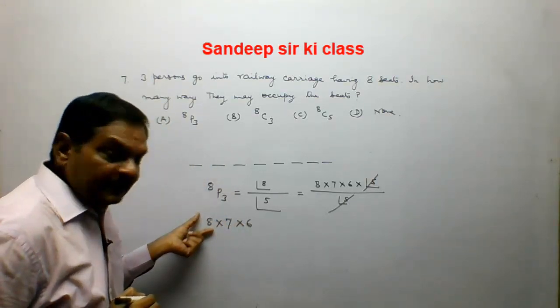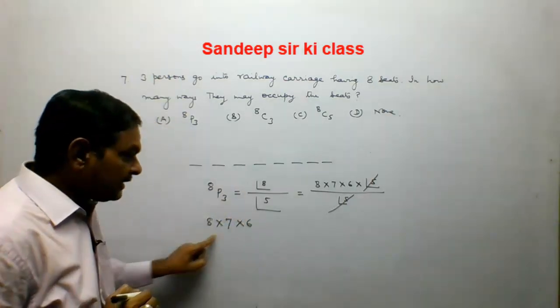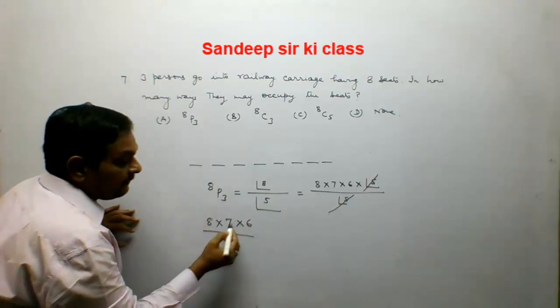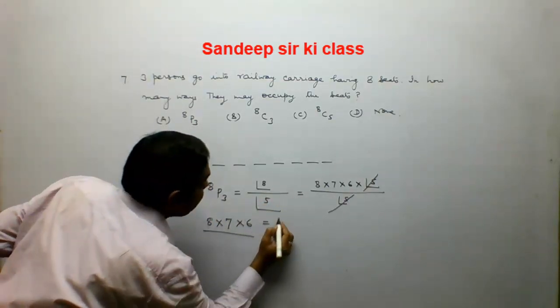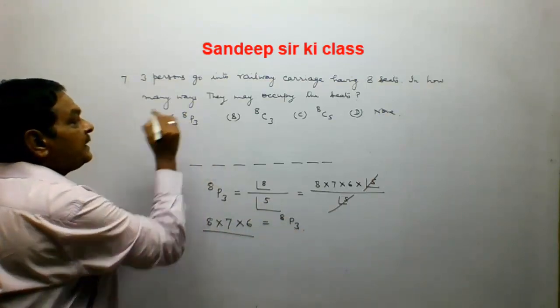The first activity is done, then the second activity is done, and then the third activity is done. That is why they are multiplied. So this comes as 8 into 7 into 6, which is the same as 8P3. So here option A is the correct answer.